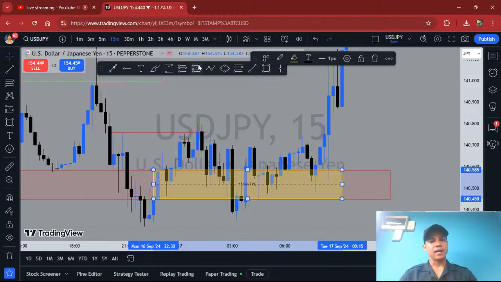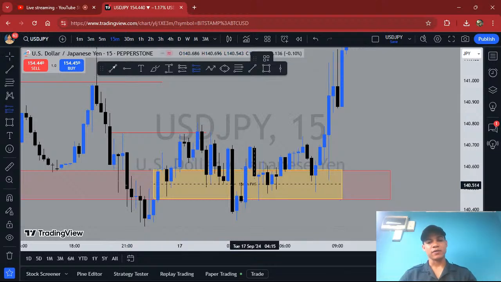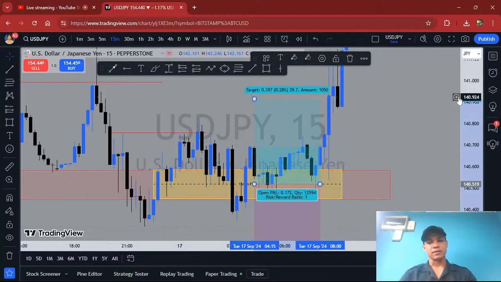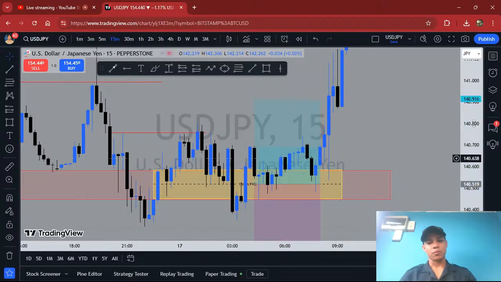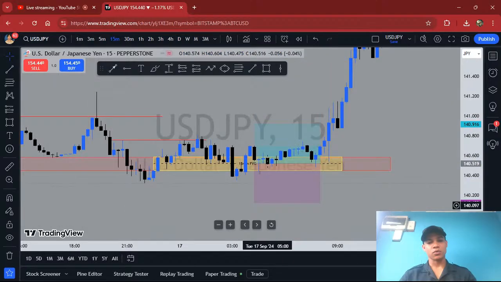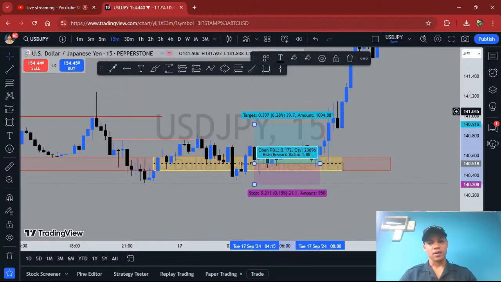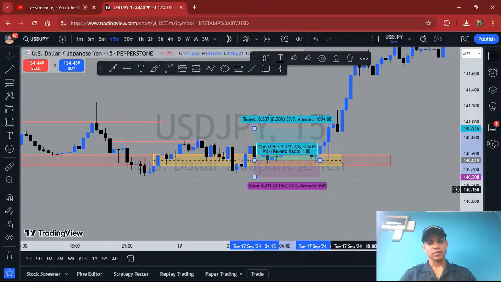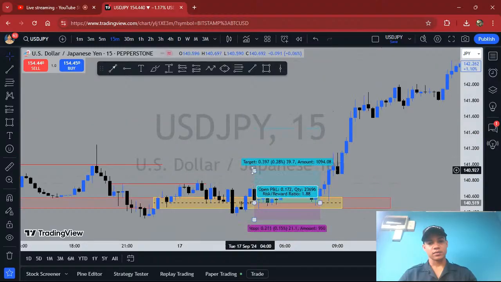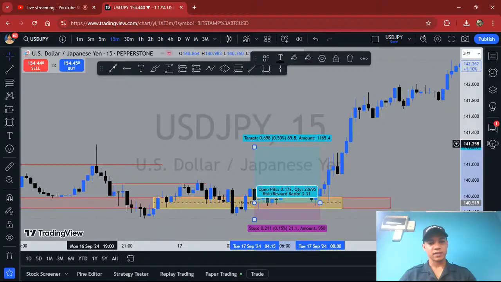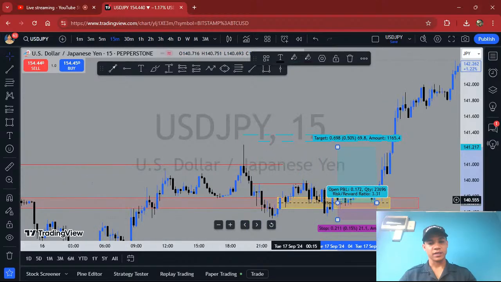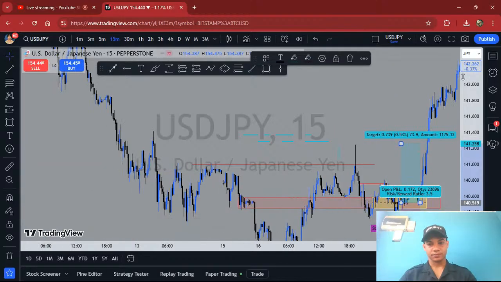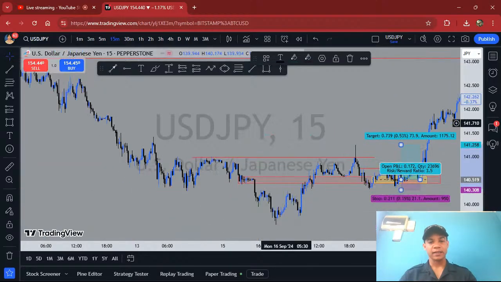And I normally enter at 50%, and stop loss below the low, and you could target this high right here on the left, or you could target the daily.